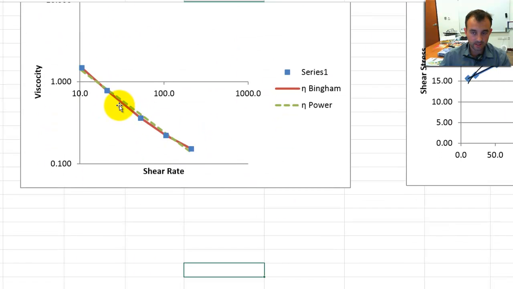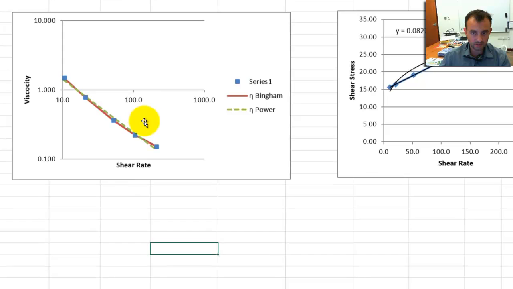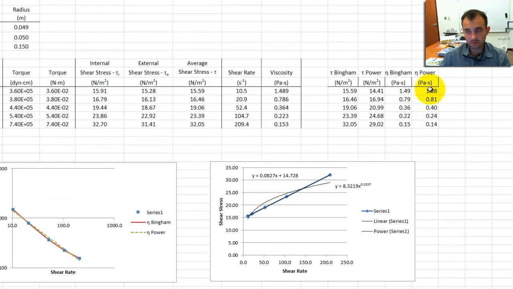I see with the red line the Bingham model, and with the green dashed line the power model. In both cases I can see that the agreement is very good. Same goes for watching the data, the results. So that's it. See you next example.